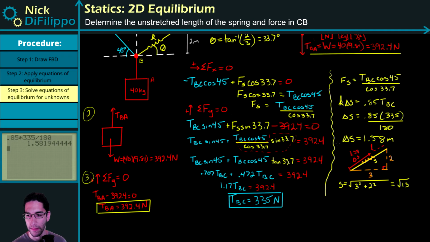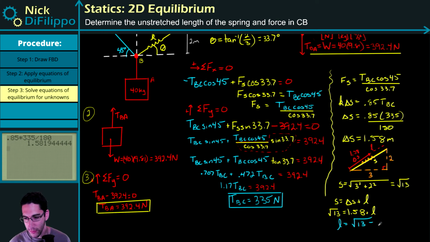So this entire distance is S. I know what my stretched length is, so I can figure out that distance L. I can say that S is equal to delta S plus L. S, the square root of 13, is equal to delta S, which was 1.58, plus L. Solve for L. My original length is going to be equal to the square root of 13 minus 1.58.